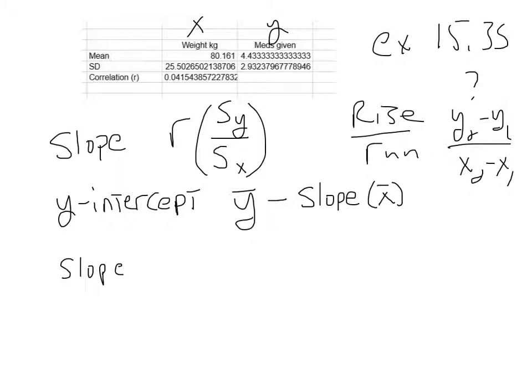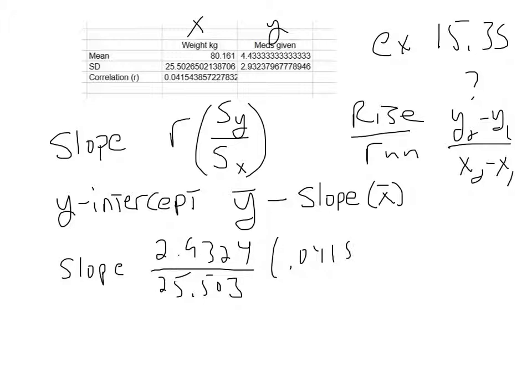So I'm going to take the 2.9324, divided by the standard deviation for the weights, which is 25.503. I'm going to multiply that by the correlation, 0.0415.